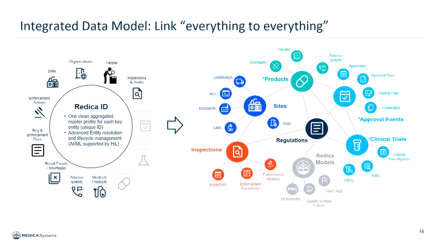I'm not going to talk a lot about this slide. What I want to call your attention to is that we are trying to link everything to everything in our world, in your world. But what I want to talk about specifically here is this thing on the right that says Redica ID. If you have a manufacturing site and you want some information about a site, we're talking about not a company, we're talking about a site, a physical site.